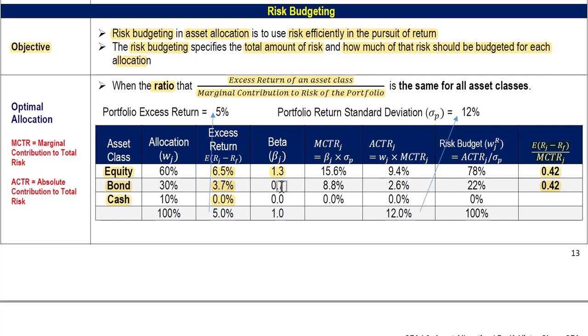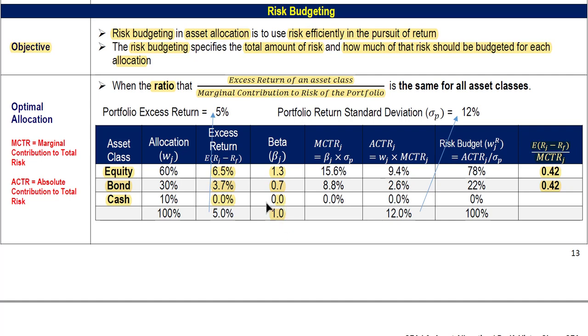This beta is the beta to your own portfolio. Therefore, the betas altogether equal 1 for that particular portfolio. So equity has 1.3 to the portfolio, 0.7 is the bond beta to the portfolio, whereas cash has zero risk, so the correlation to the portfolio is zero, a zero beta.